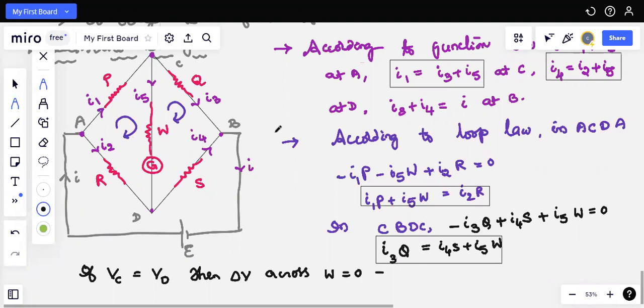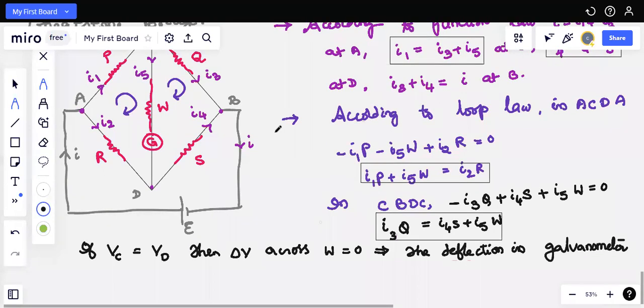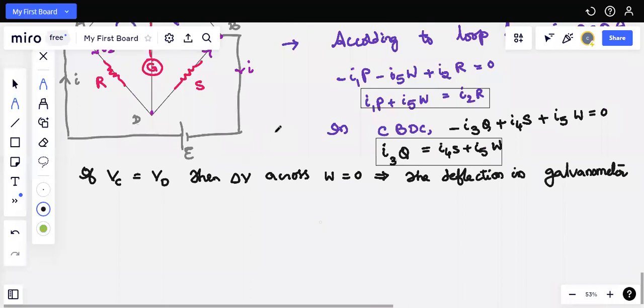And that implies the deflection in galvanometer equals 0. Deflection in galvanometer is 0.